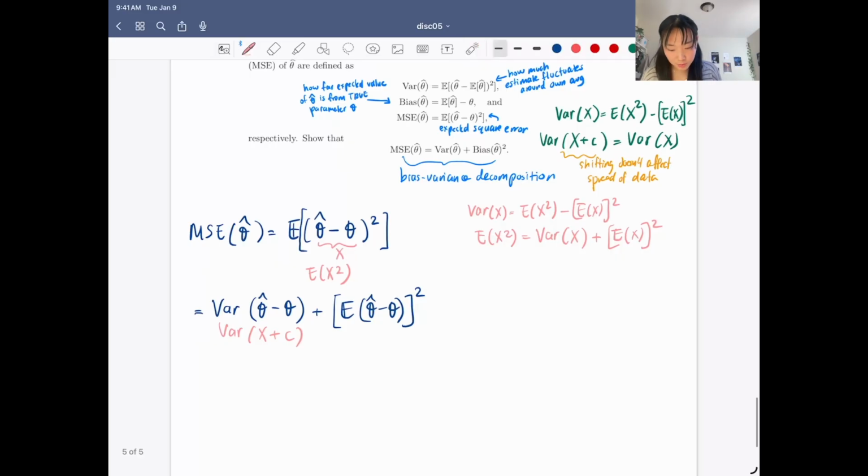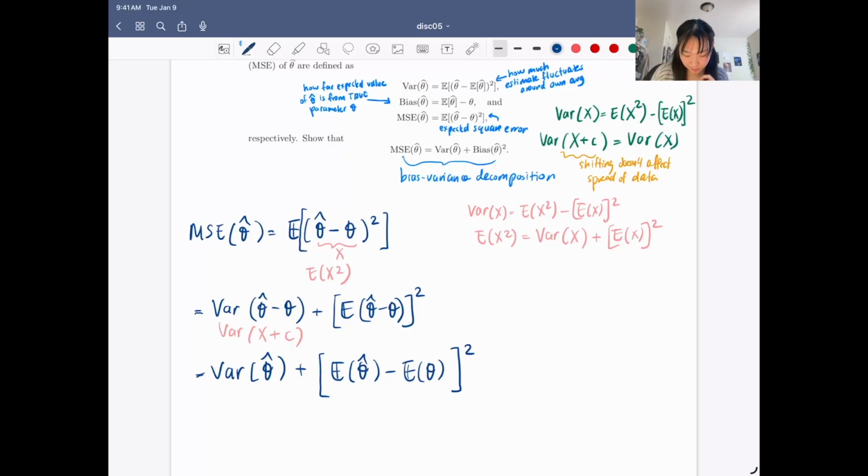And so we can basically just remove this constant. This is our true parameter, it's literally just a constant. So this is equal to the variance of theta hat plus, within our expectation, by linearity of expectation, we can split this into two expectations: the expectation of theta hat minus the expectation of theta, and then we square this entire thing.